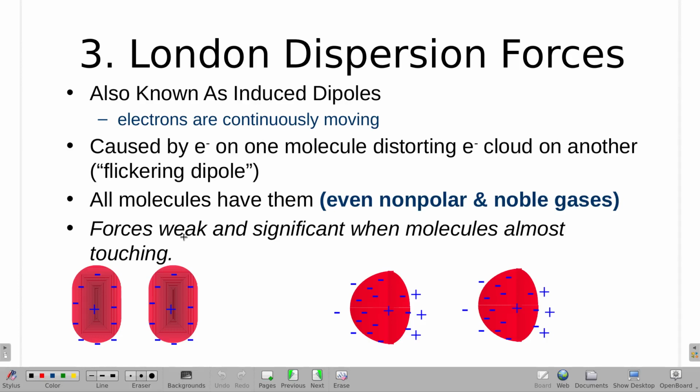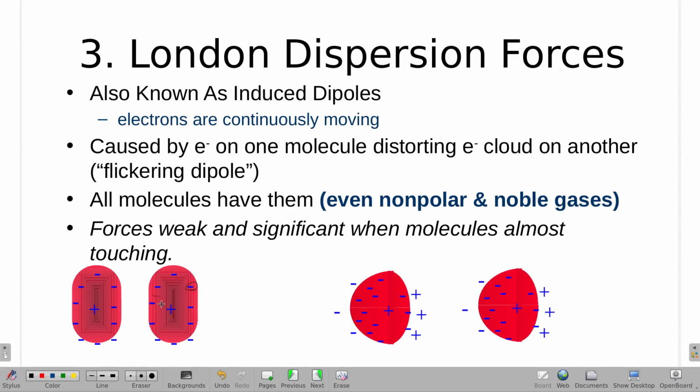All right, and our final one is dispersion forces. Turns out nonpolar molecules do have attractions to one another. What happens in a nonpolar molecule? We have that electron cloud, and what happens is the electrons get unevenly distributed. So what I mean by that is maybe this guy happens to be over here a little bit more often.